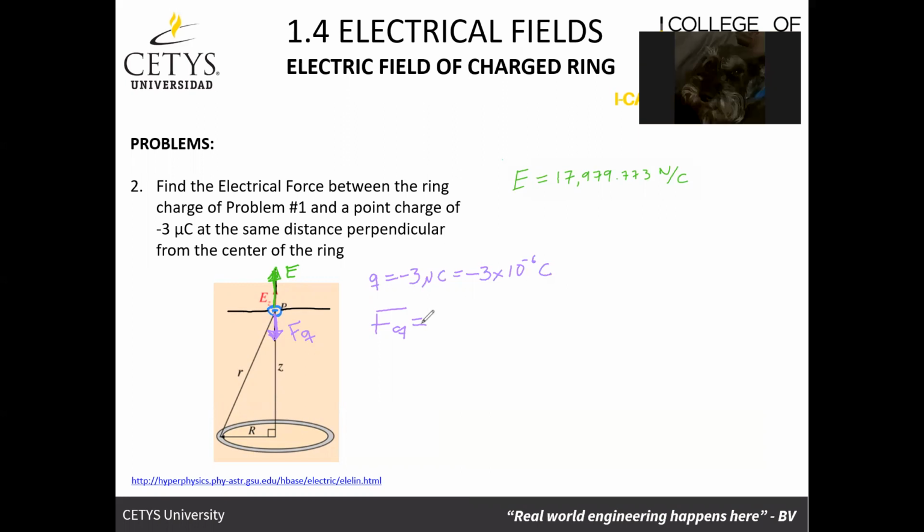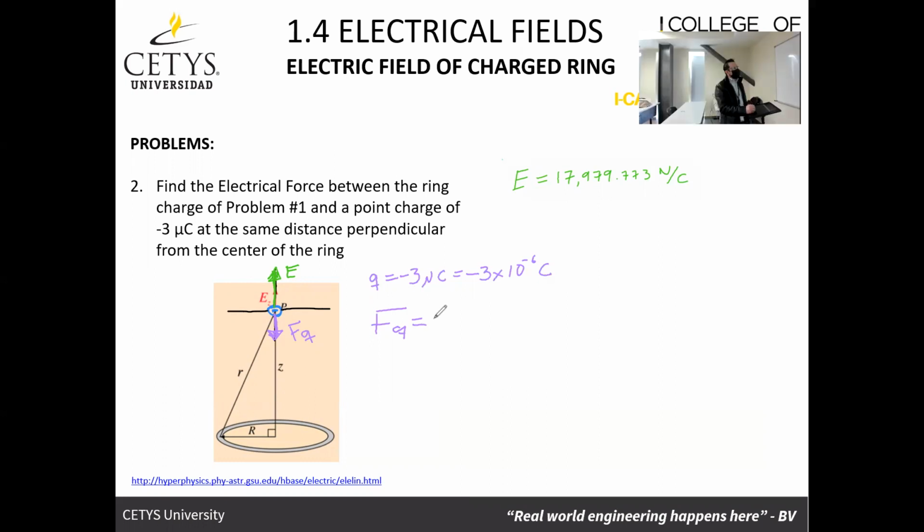Sorry. No worries. FQ is going to be equal to, or the force on the charge, remembering that the electrical field is equal to the force on the charge per unit charge, and from this expression we know that the force on the charge is going to be the electrical field that's being exerted multiplied by the charge.